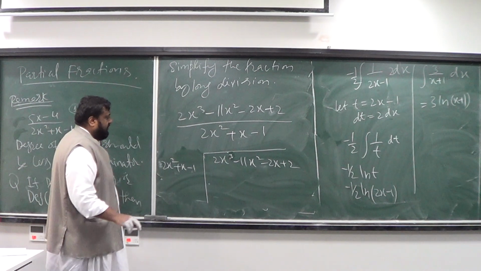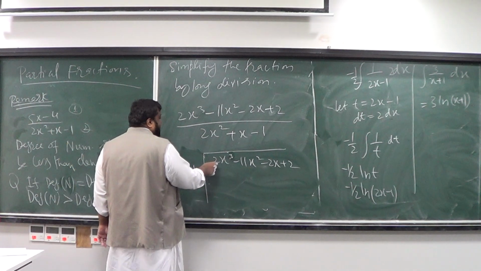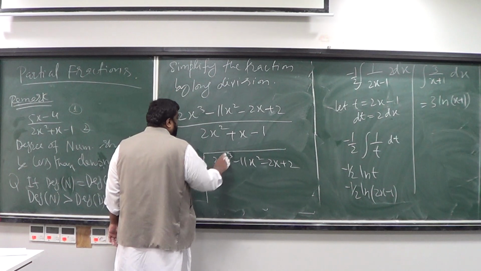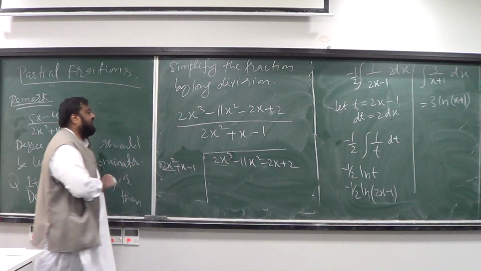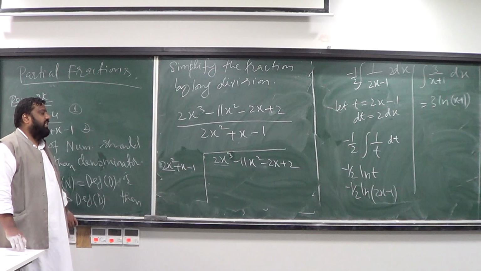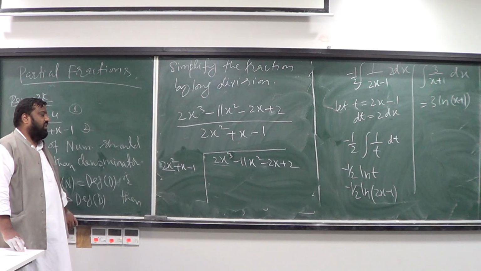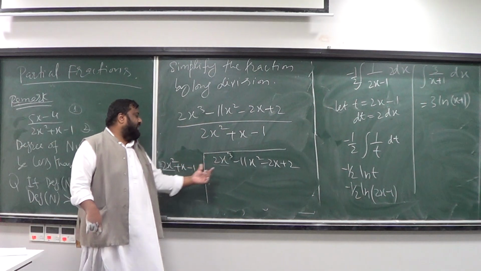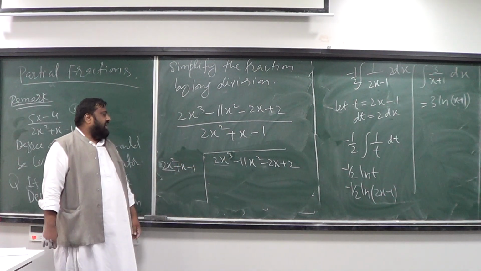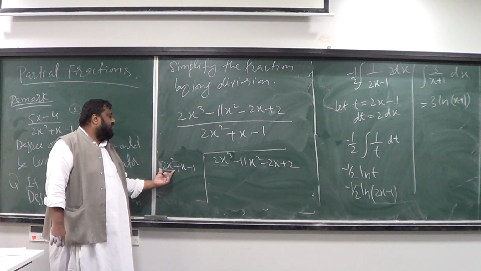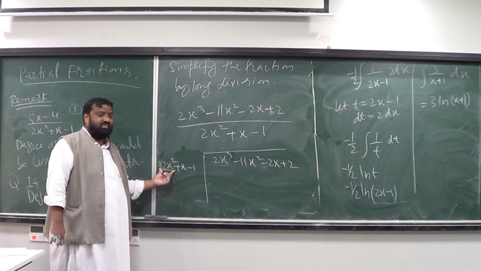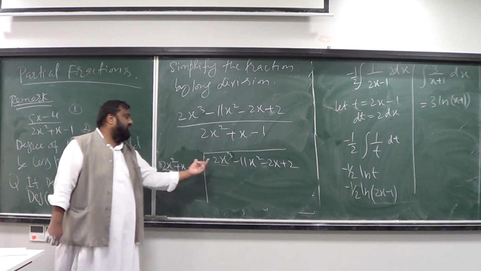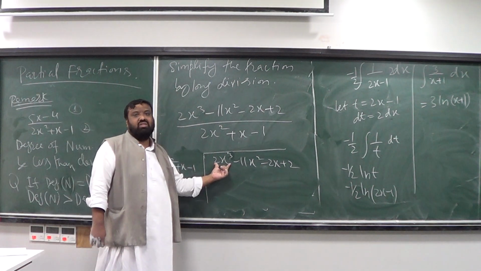You can take the leading term in the polynomial and see what is the leading term in the divisor. So this is 2x cubed and this is 2x square. Now what should I do with the 2x square so that it becomes 2x cubed?